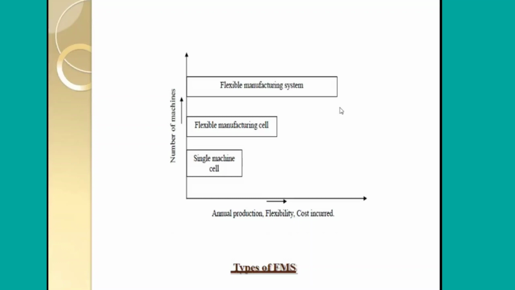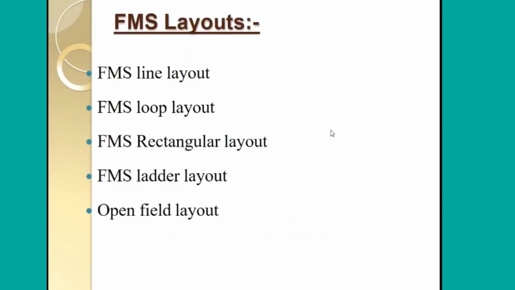But in the flexible manufacturing system, we use plenty of machines or more processing centers compared to the flexible manufacturing cell as well as the single machine cell. So the annual production rate will be increased by using the flexible manufacturing system. That's why industries opt for flexible manufacturing system.